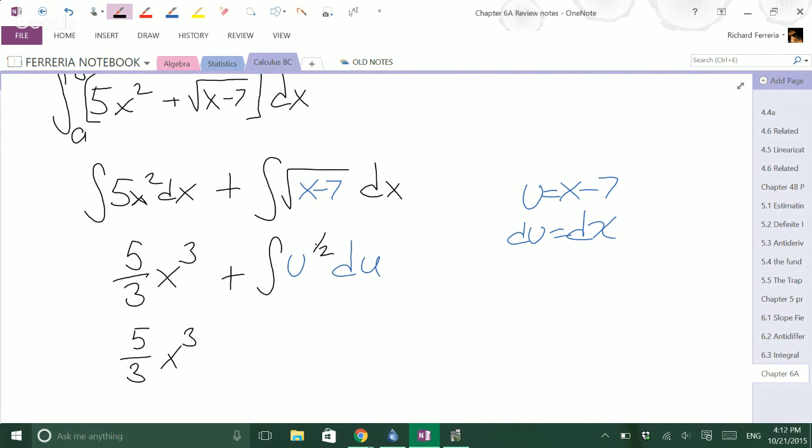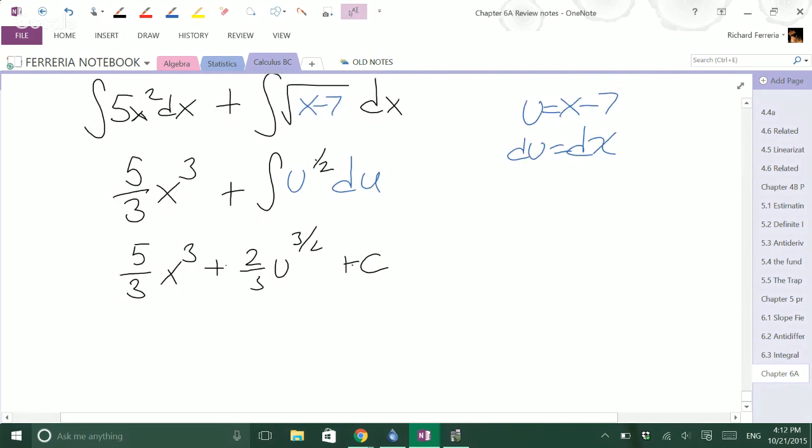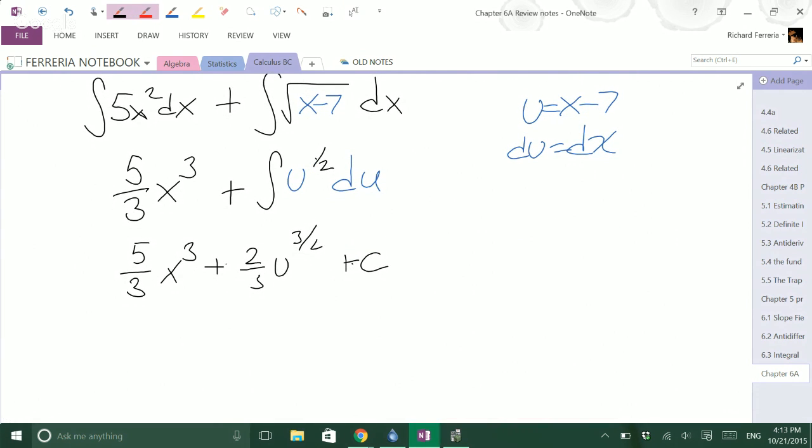5/3 x cubed plus 2/3 u to the 3/2. Five thirds x cubed plus 2/3 square root of x minus 7 cubed.